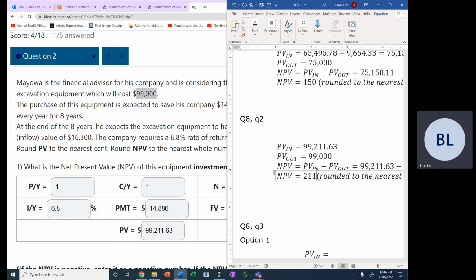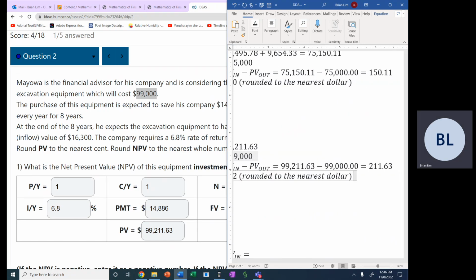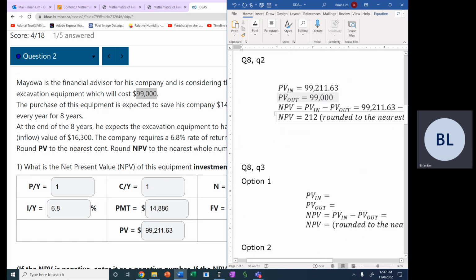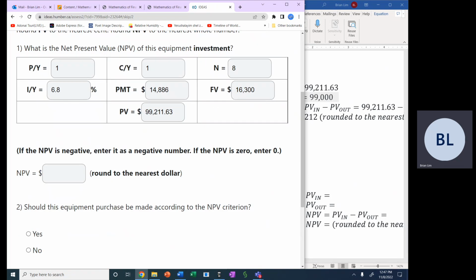Yeah, 211. No, sorry, 212. Why? Because we've rounded to the nearest dollar. So the 63, of course, is greater than 0.50. Therefore, 212 will be the answer, and it is also positive. So in here, we will insert the number 212.